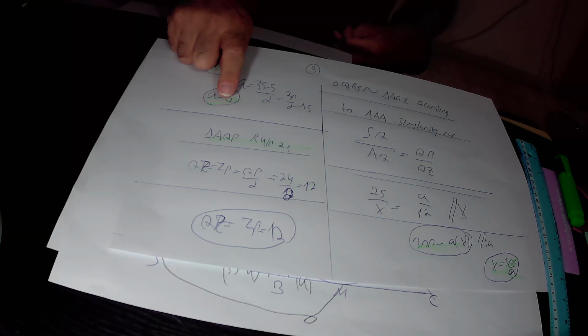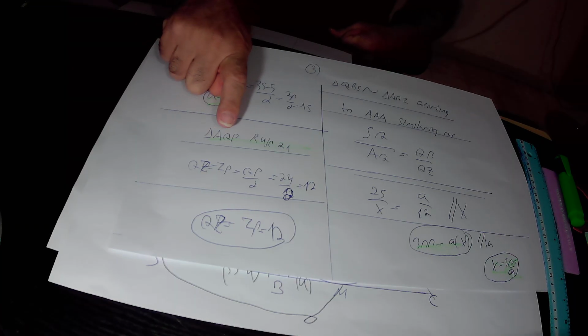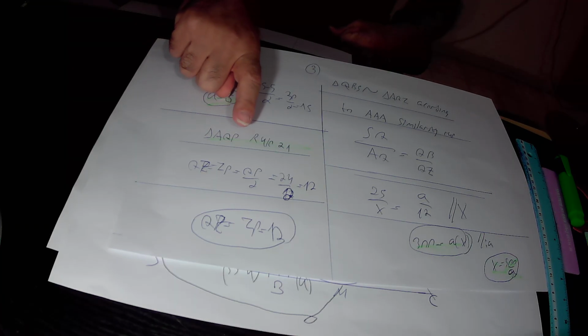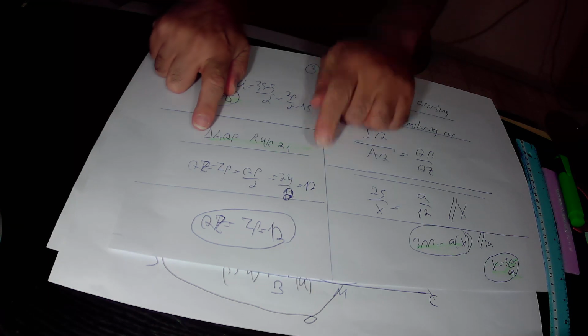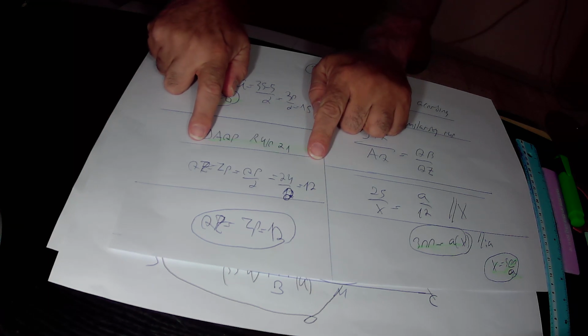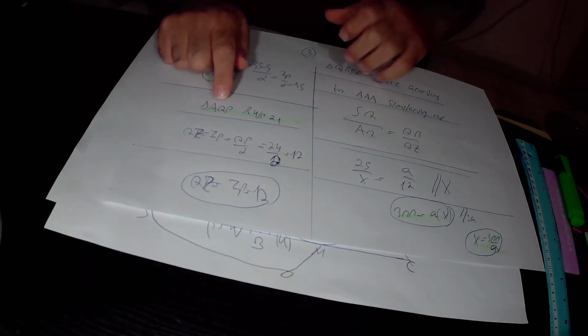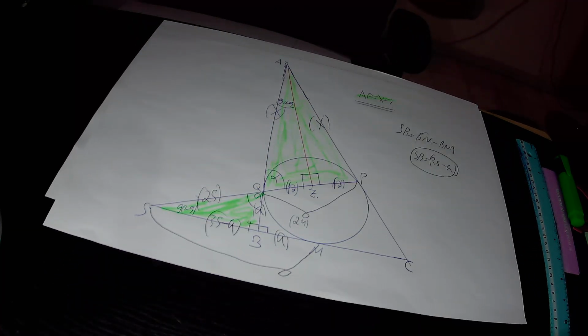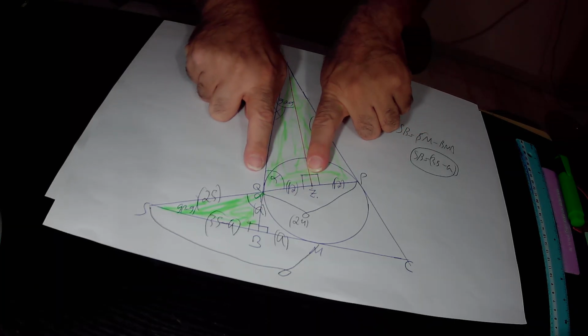QP is 24, and 24 over 2 is 12. So from this equation, we get that QZ equals ZP equals 12.